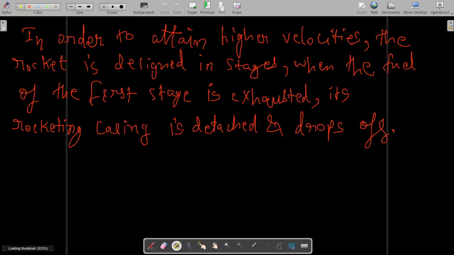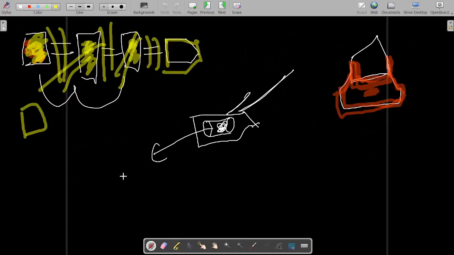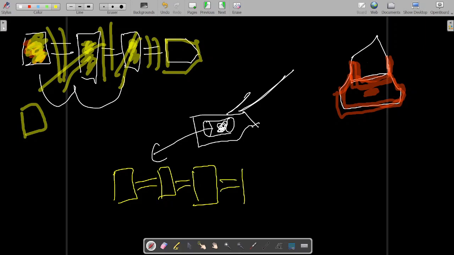Clearly, when the fuel of the first stage is exhausted, its rocketing casing is detached and drops off. The velocity so far attained becomes the initial velocity of the second stage. This is a 5-stage rocket.